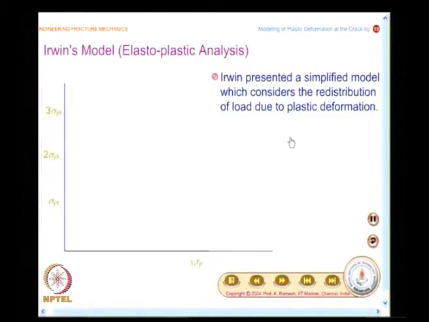And how the model is developed. You make a sketch of this. I have a crack tip and you have on the x axis the distance x as well as the length of the plastic zone Rp.